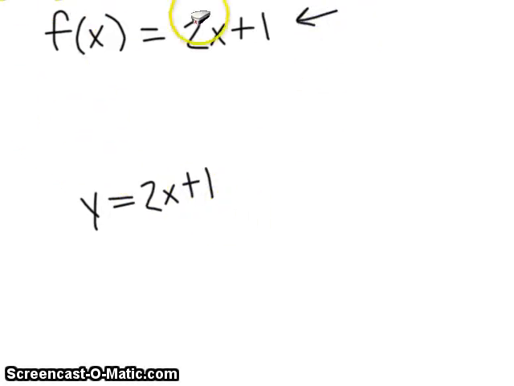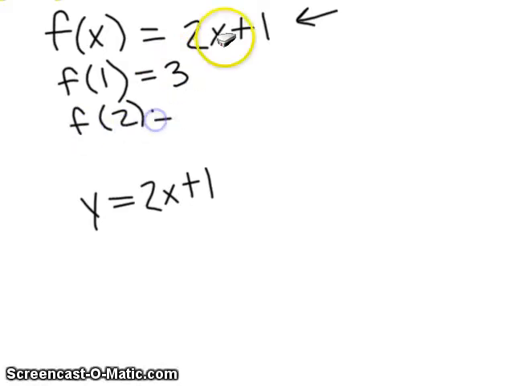One way we read it is f of 1 equals, and that just means you're going to put in 1. So 1 times 2 is 2, plus 1 would be 3. So f of 1 is 3. f of 2 is 2 times 2 is 4, plus 1 is 5.